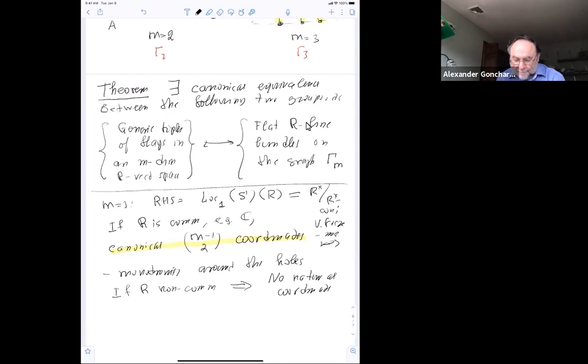So I want to define generic triples of flags in a vector space which has dimension m times some big number n. So it's like m times n, and n is a parameter. I want to describe this collection of flags in such a way that this n really enters as a parameter, that everything will be over matrices over n, but I'm not allowed to talk about the matrix coefficients.